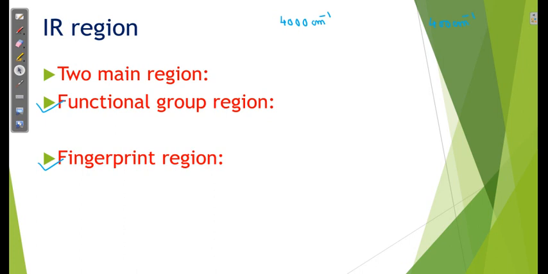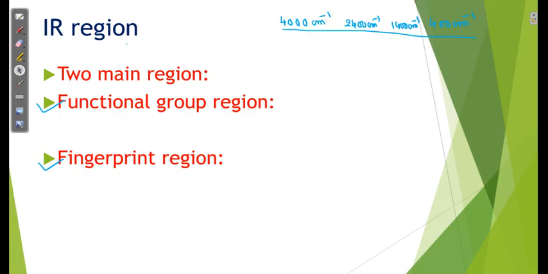Among them, there is one place at 2400 cm⁻¹, then 1400 cm⁻¹, just to show you these values I have taken.